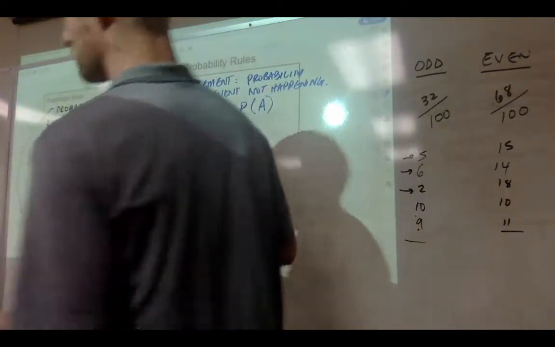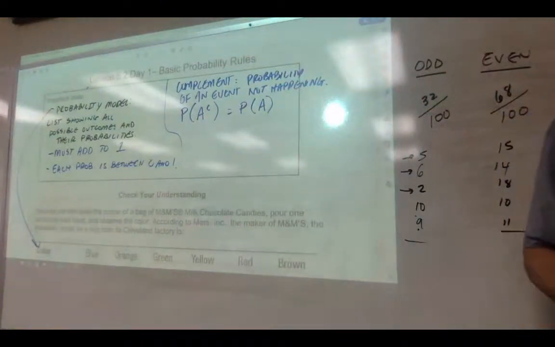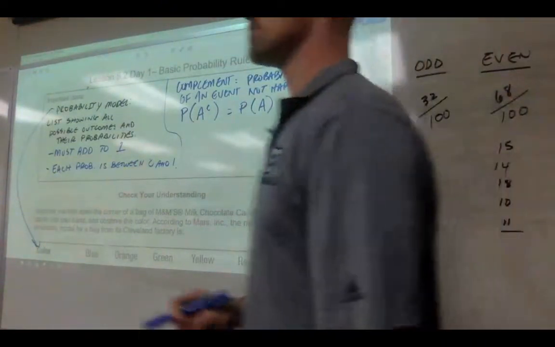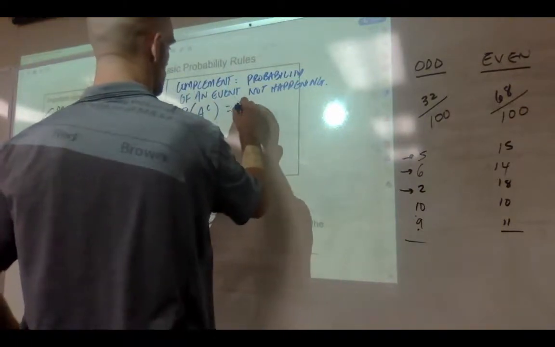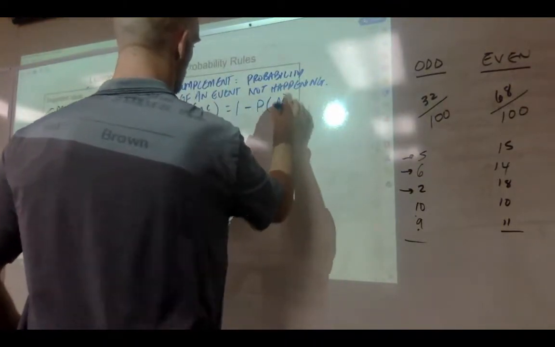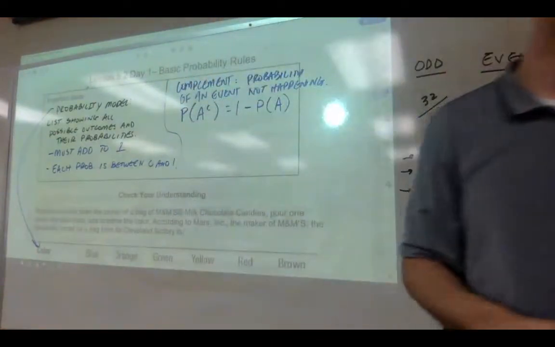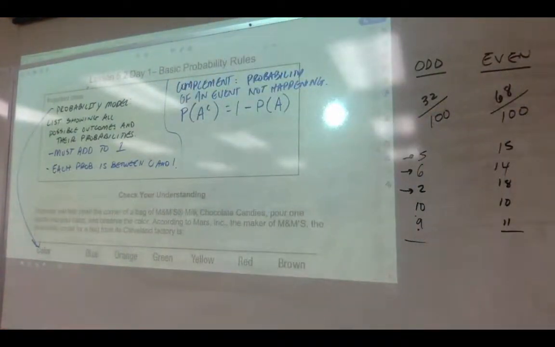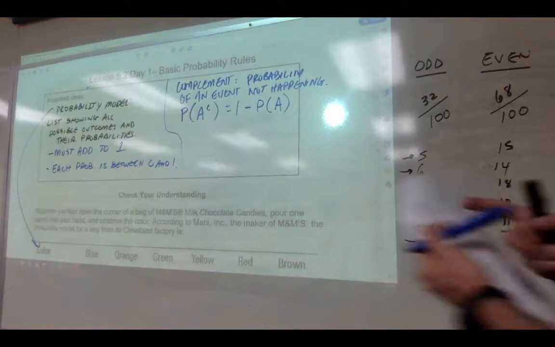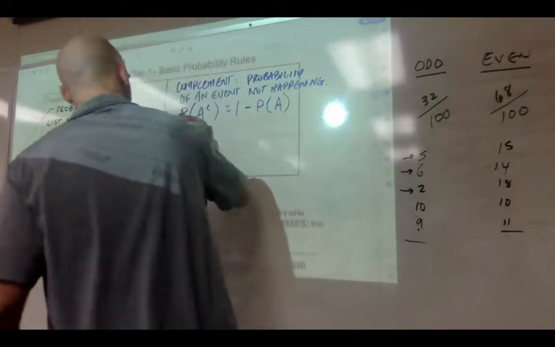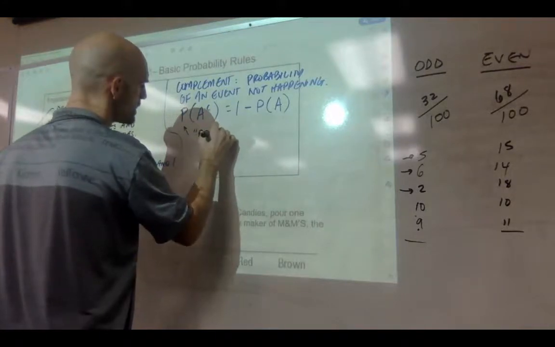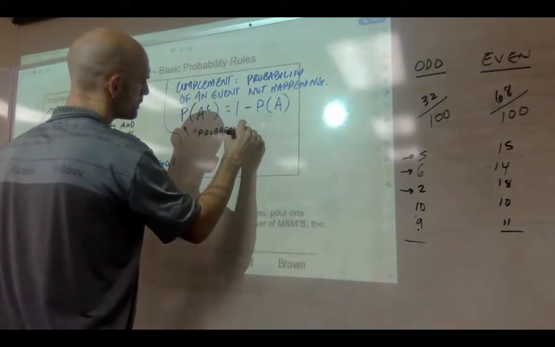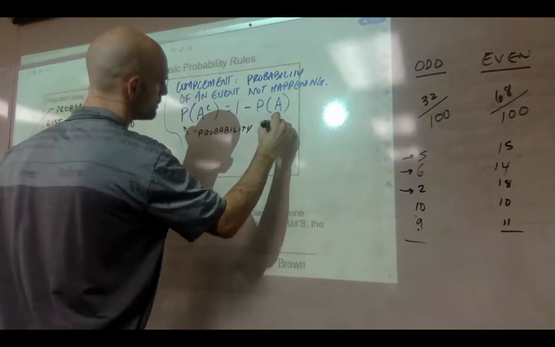Okay, here's a lot of letters. Probability of A superscript C is equal to 1 minus P of A. I'm going to tell you what those letters mean. This P right here means probability of.